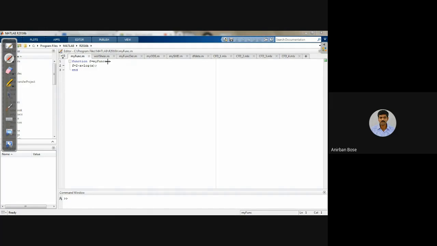This is the input that you have to pass when you call that myfunc function, and this f output will be 2 minus x plus log of x. Okay, so this is basically a function file. If we want to call this in any script file, you have to call it by myfunc. That you have to remember.